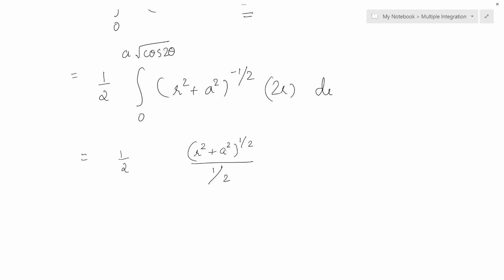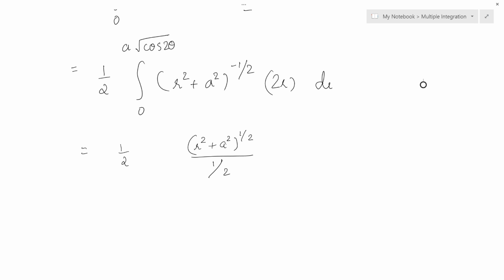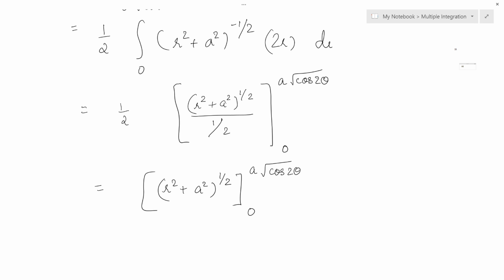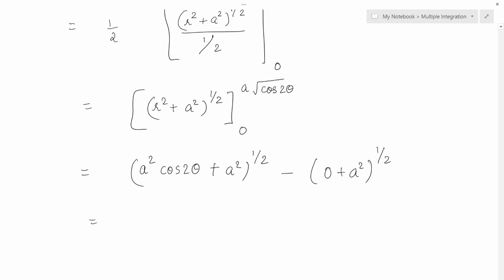So now we will substitute the limits. This is the integration; 2 and 2 will get cancelled. Now let us substitute the limits. In place of r square, this will be a square cos 2 theta plus a square raised to 1 by 2, and then the lower limit 0 plus a square raised to 1 by 2. Now a square you can take outside, raised to 1 by 2.